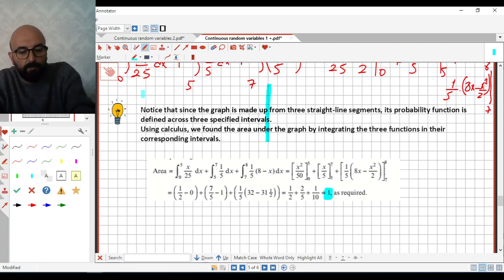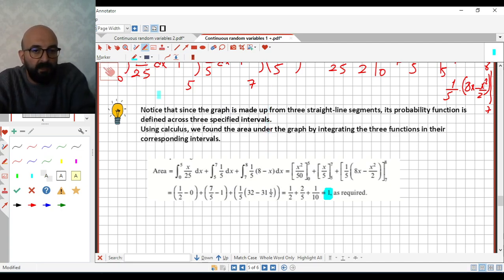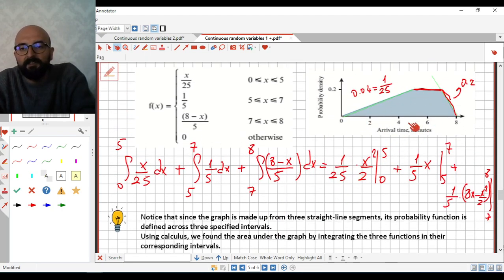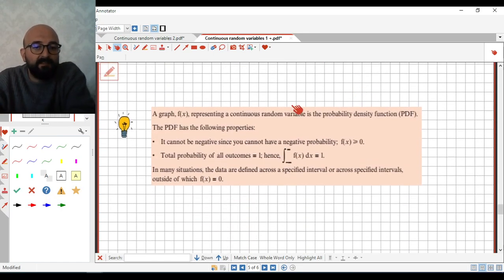When we have a probability density function, the sum of the area under it always equals 1. A graph f(x) representing a continuous random variable is the probability density function.